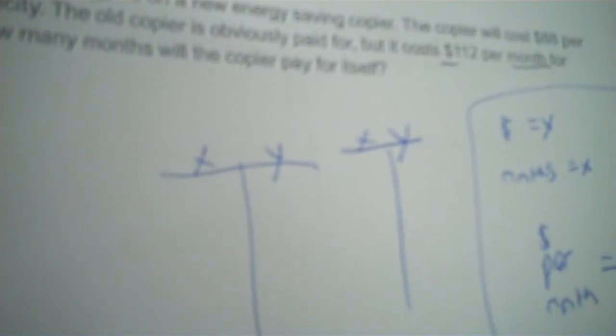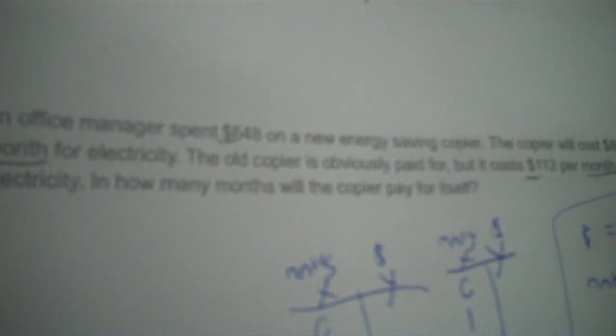XY, XY. So Y is money, X is months. I'm making 2 because we got 2 slopes, 0, 1, 2. So the $88 per month started at $648, and every month we add 88 to that.